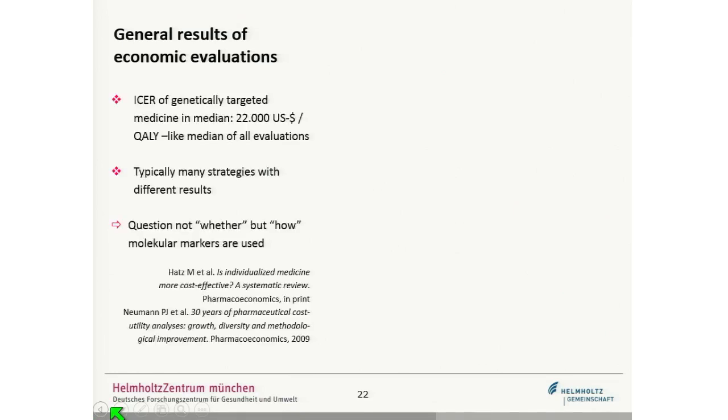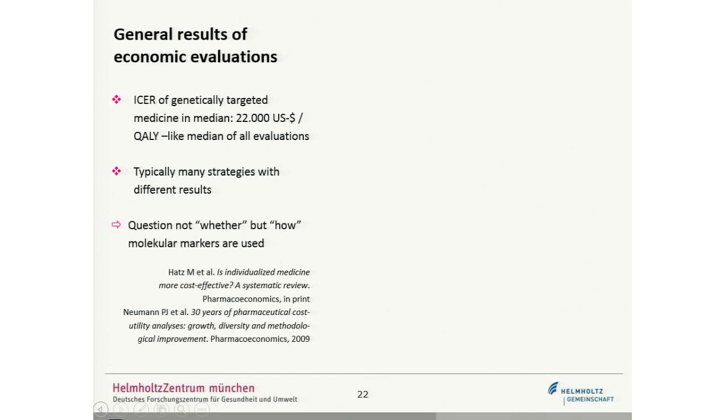We were really surprised about our finding, because the incremental cost effectiveness ratio of stratified compared to non-stratified medicine is just equal. It's the same 22,000 euros per QALY, which you would also have for any other type of care.